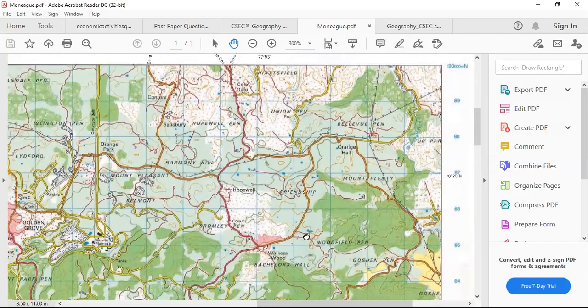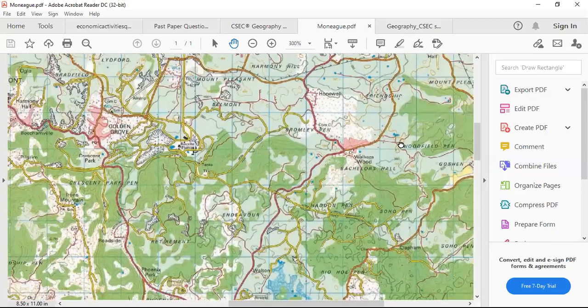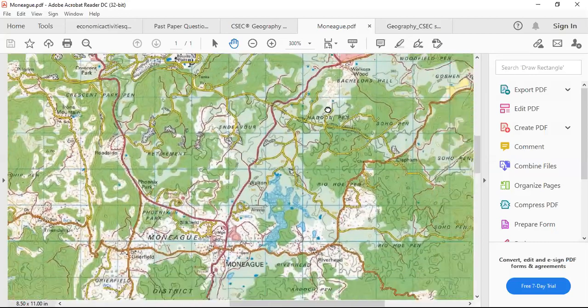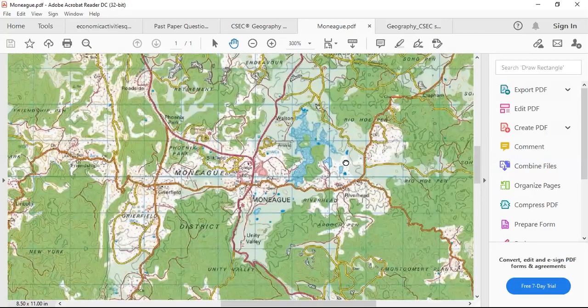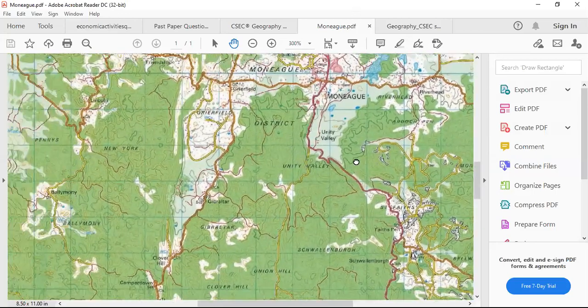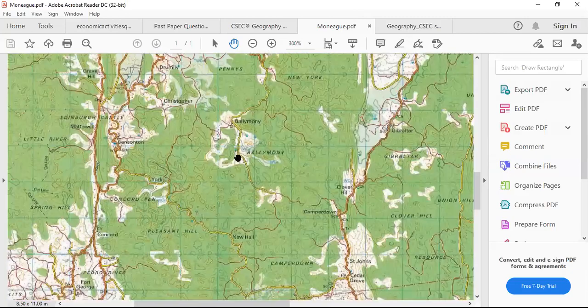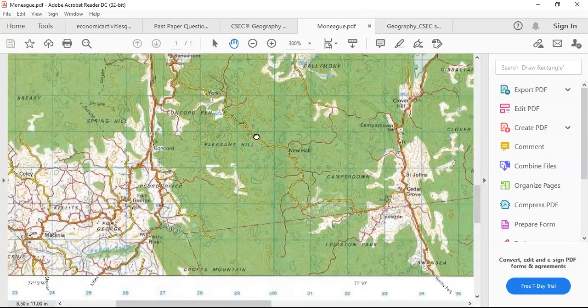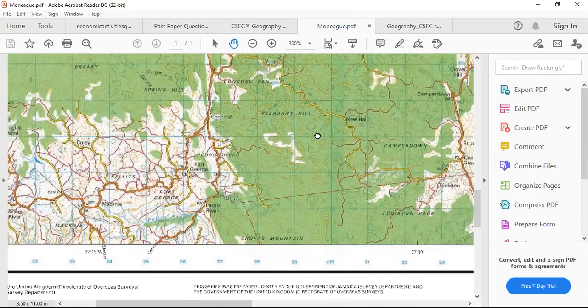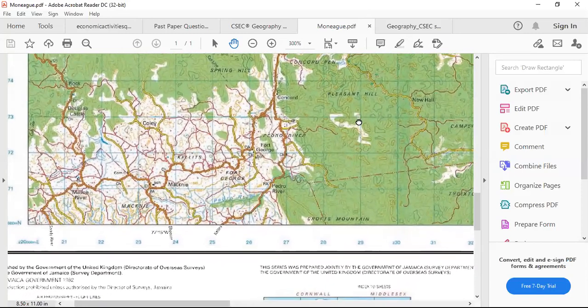You're not really seeing any drainage in terms of pattern, no radial. Look below here.